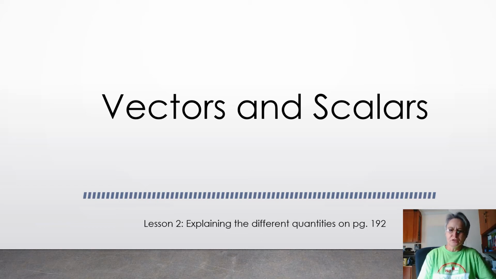Welcome to lesson 2 on vectors and scalars, where I'm going to explain the vector quantities that they describe on page 192. So the first one they have there is a force.